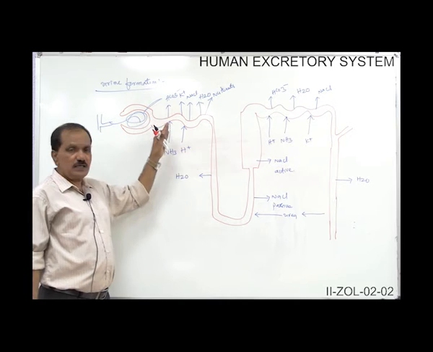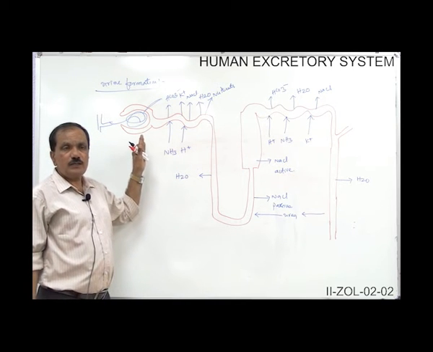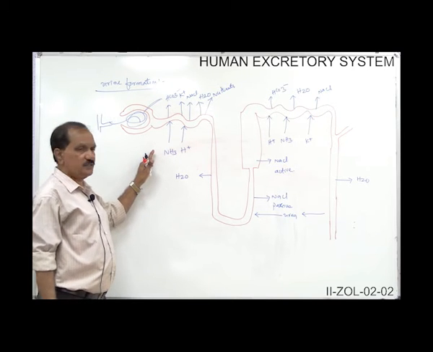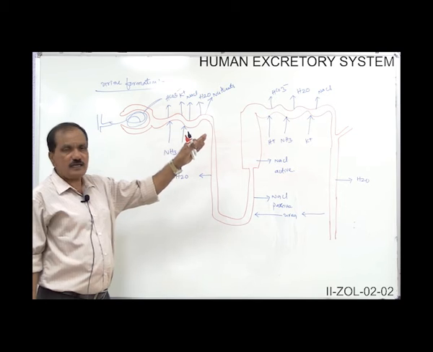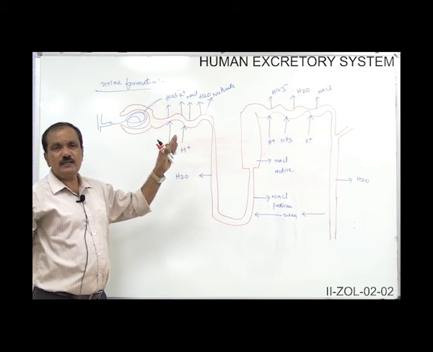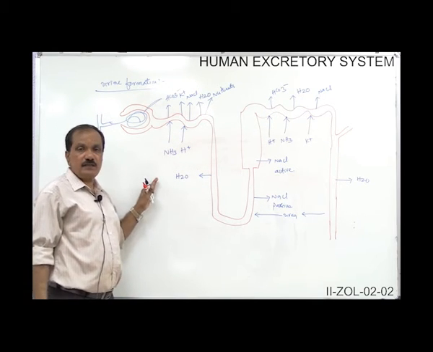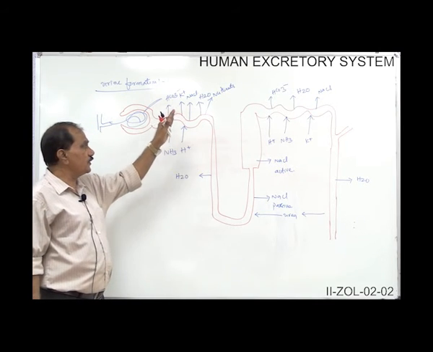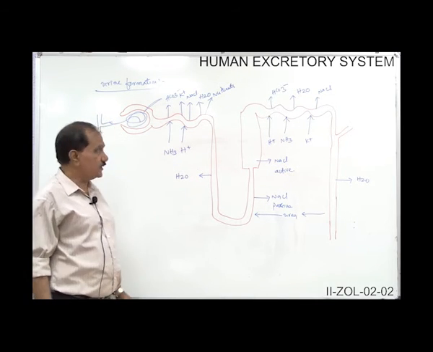While it is passing through the urinary tubule, the tubular secretion and the tubular reabsorption take place. The proximal convoluted tubule and the distal convoluted tubule have nearly similar features, and the main differences between them will be learned in a short while.